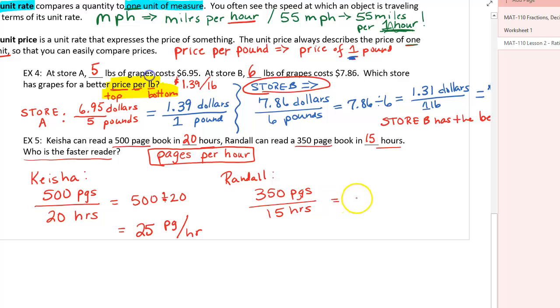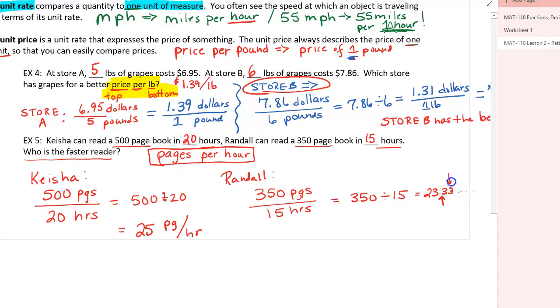Randall, we're going to do 350 divided by 15. And that's going to give us, and it doesn't come out even, so let's round it to the tenths place. 23.33 and so on. If we round it to the tenths place, the 3 is in the tenths place.